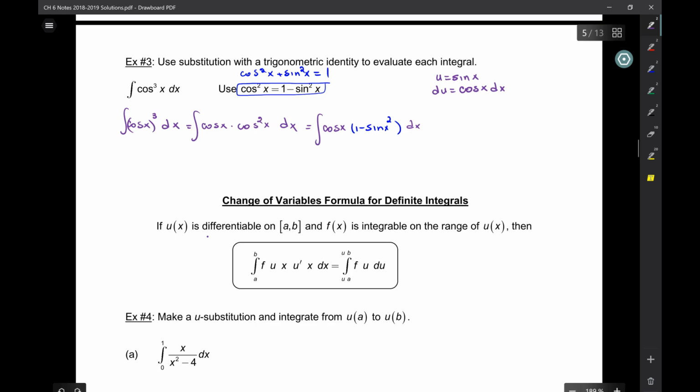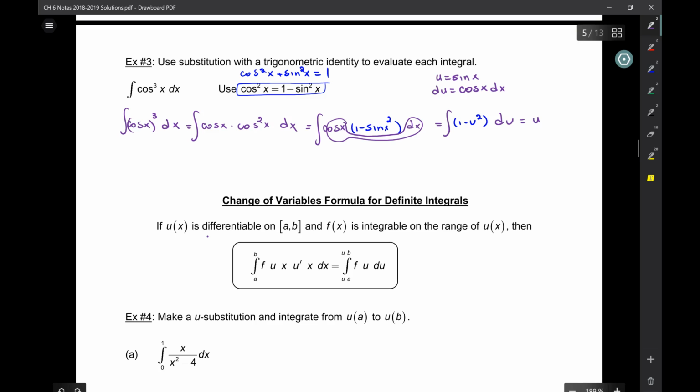So now, look at this. When I substitute it, okay, cosine x dx, these two is how much? du. All right? And then what do I have in the blue part? 1 minus u squared. So here I have 1 minus u squared, and then the rest is just du. Okay? Now I can take the antiderivative.